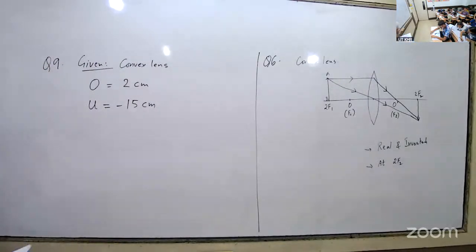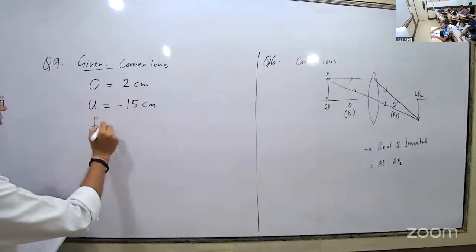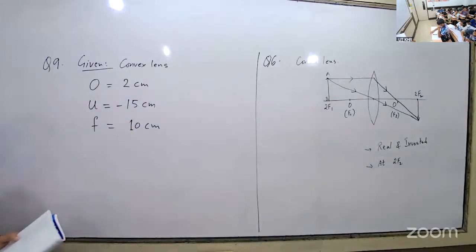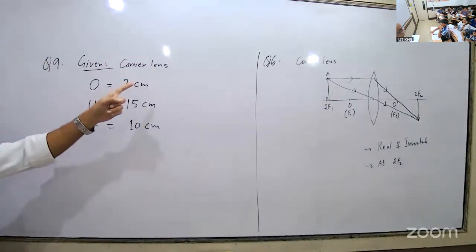What is the focal length of the convex lens given? 10 centimeter. Focal length plus or minus for a convex lens? Plus.